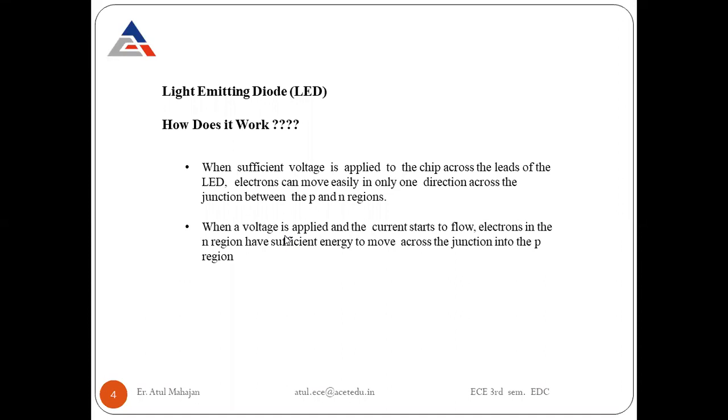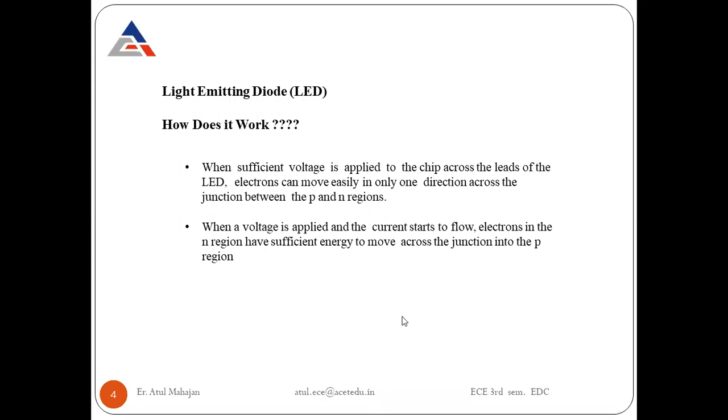The P region comprises holes as the majority carriers, and electrons are there but in the minority. In the N region, electrons are the majority carriers and holes are the minority carriers.